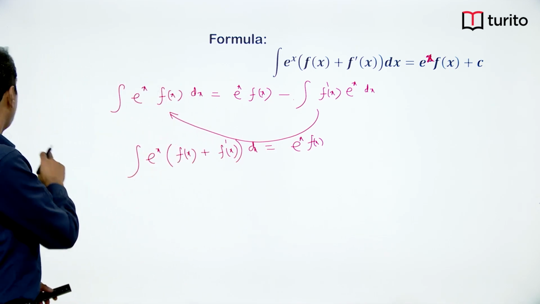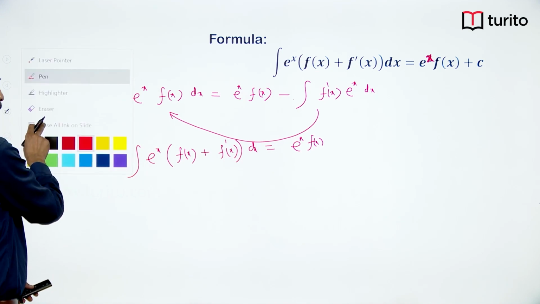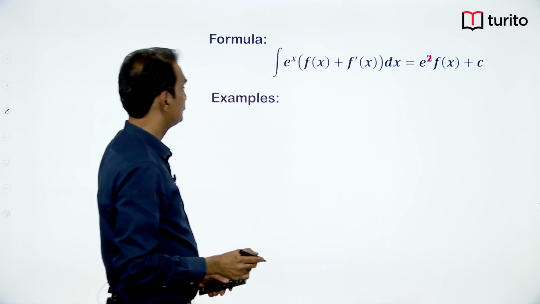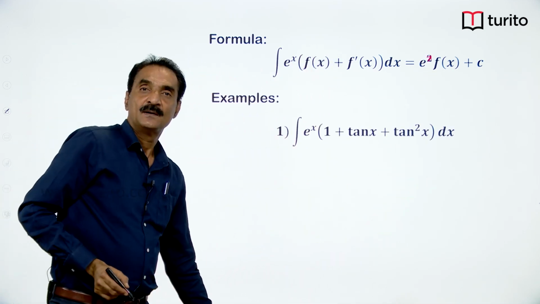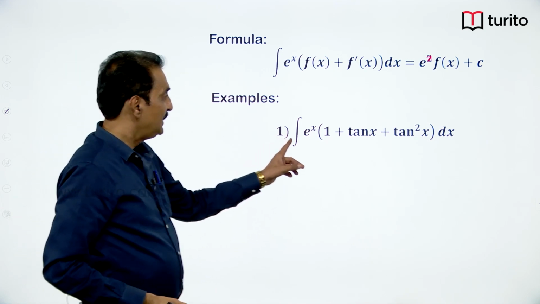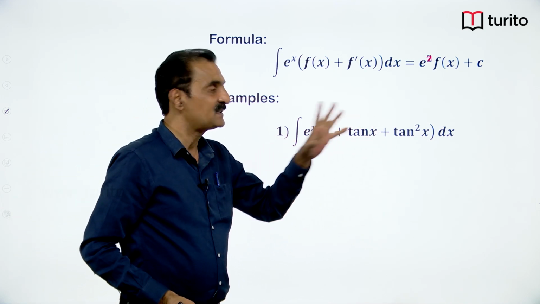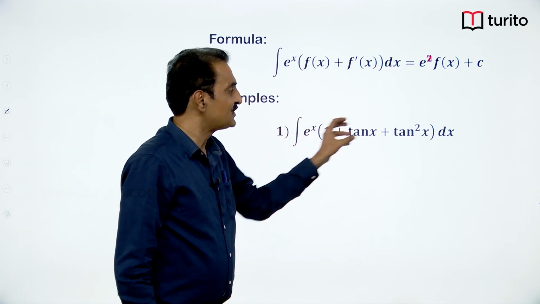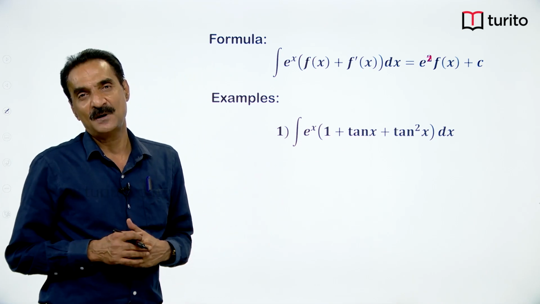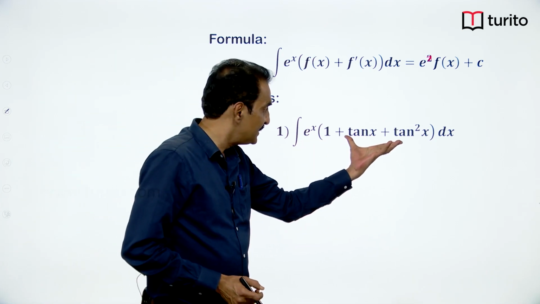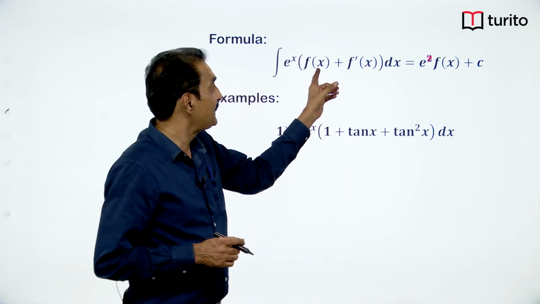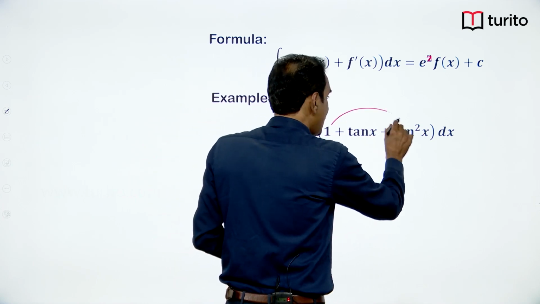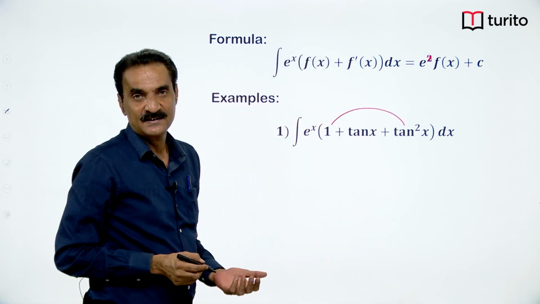Some examples on this formula. Integral e power x into 1 plus tan x plus tan square x. Very simple question. Whenever e power x into something is there, you try to use this formula. Try to write this function in the form of f of x plus f dash x. 1 plus tan square x is secant square x.